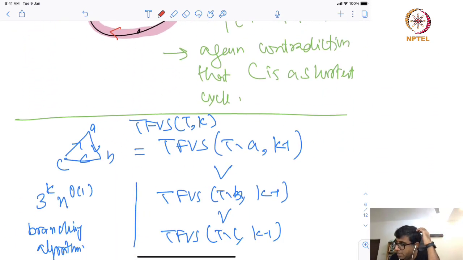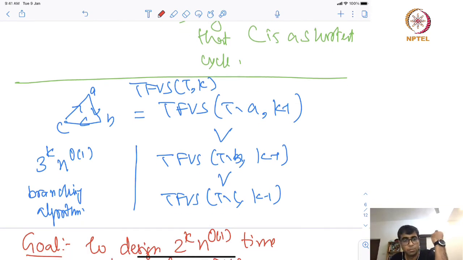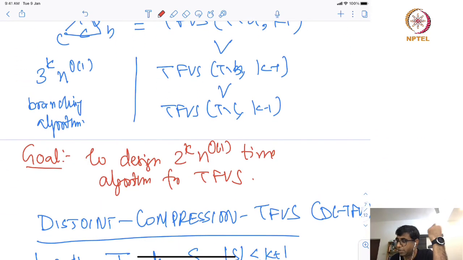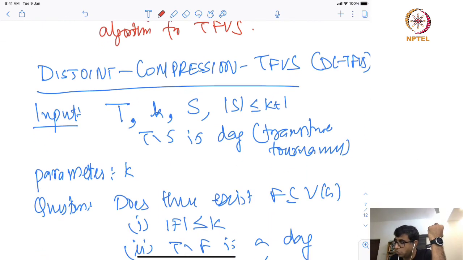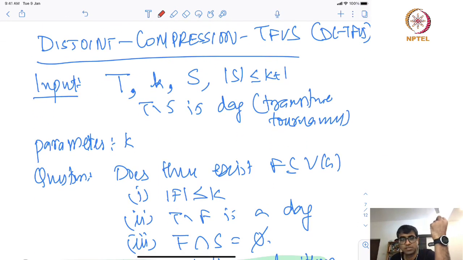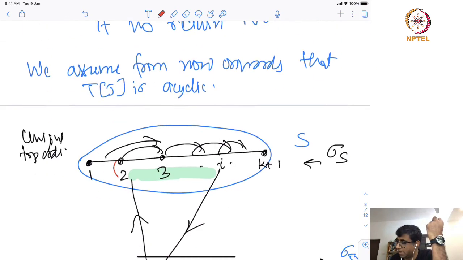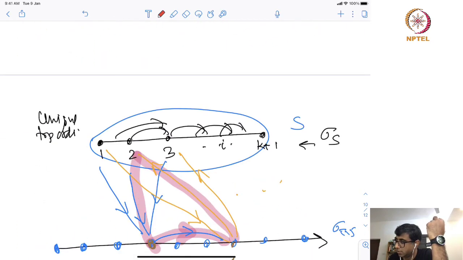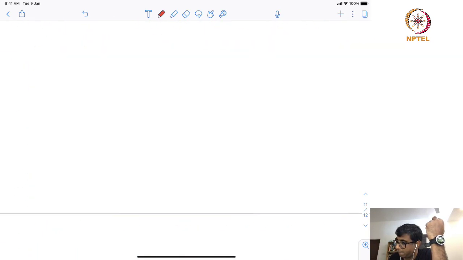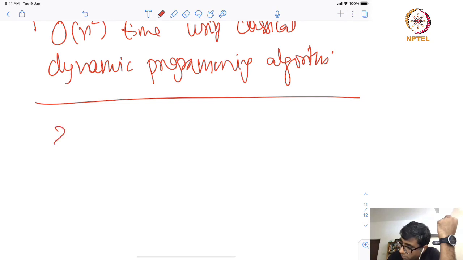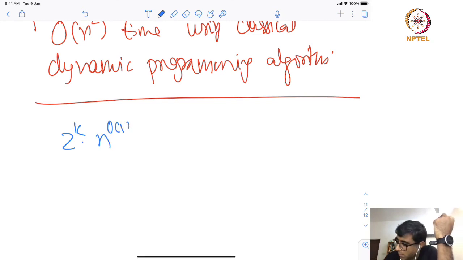That immediately gave us a 3 power k simple branching algorithm, but using iterative compression, we designed a polynomial time algorithm for the disjoint version, which immediately implies a 2 power k n to the power big-O of 1 time FPT algorithm.